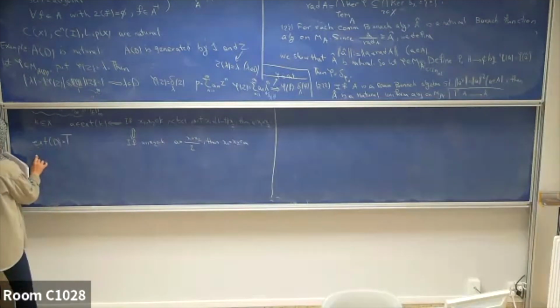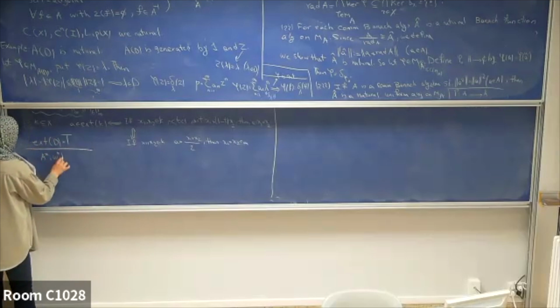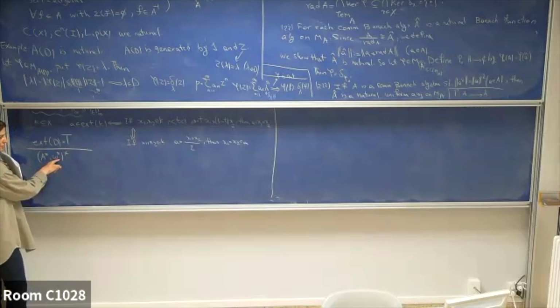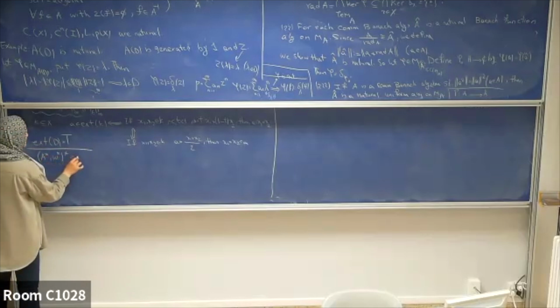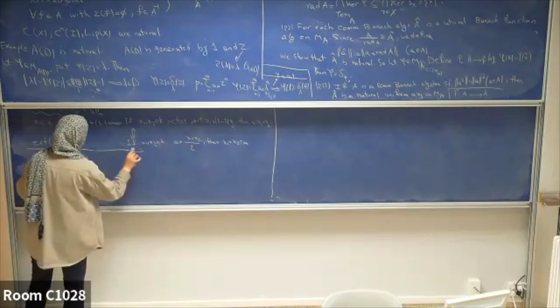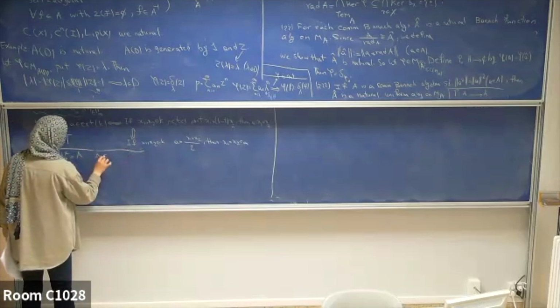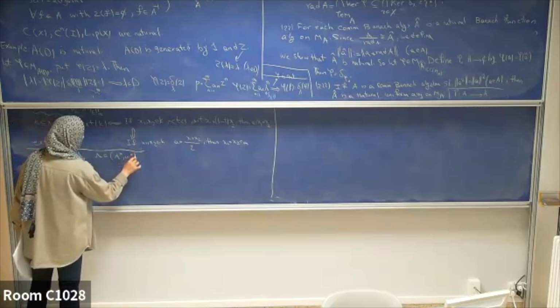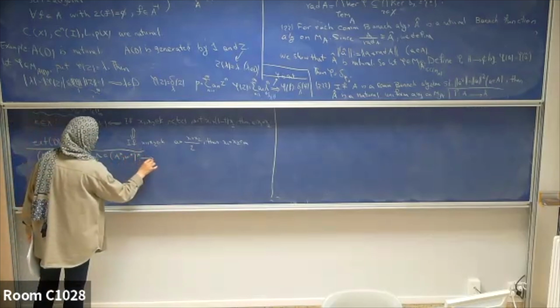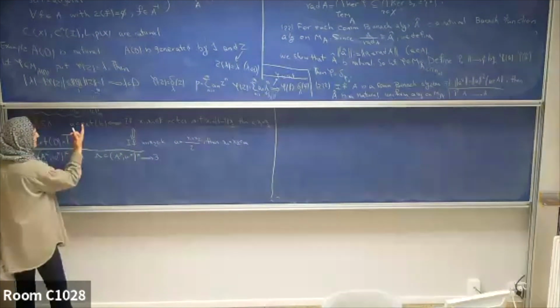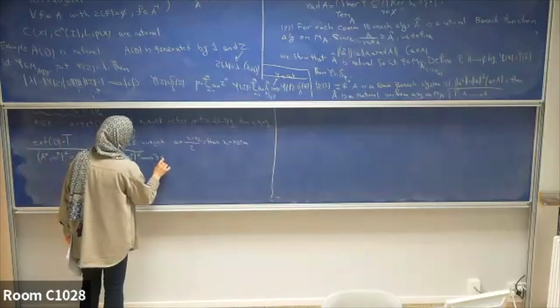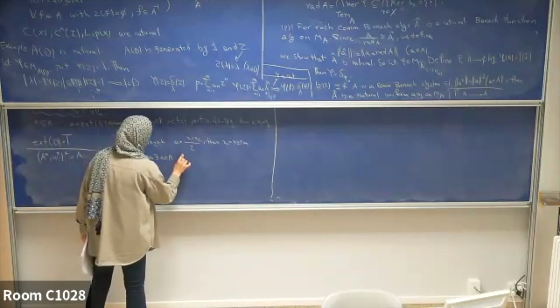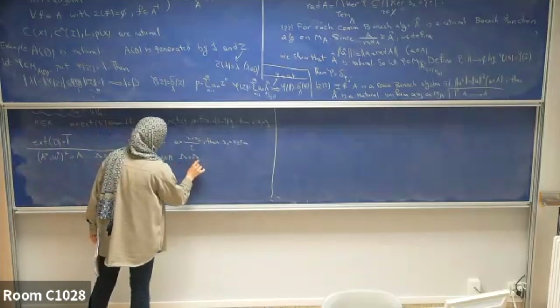And the other thing I want to tell you is the dual space of A star with the weak star topology, which is a locally convex space. Actually, the dual space of A star with the weak star topology is just A. What does it mean? It means that if lambda is in this dual space, then there exists a in A such that lambda is lambda a.